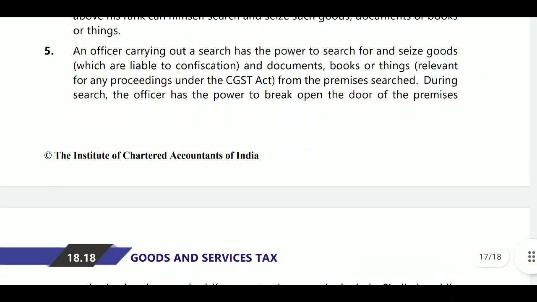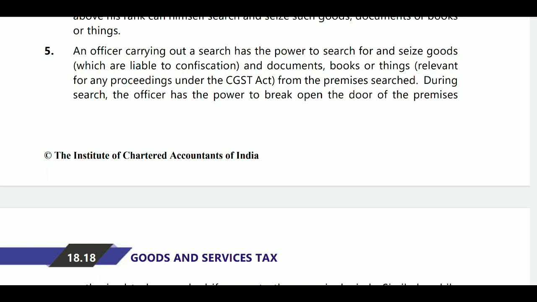Question number 5: an officer carrying out a search has the power to search for and seize goods which are liable to confiscation. He may seize goods, documents, books or things relevant for any proceedings under the CGST Act from the premises searched.